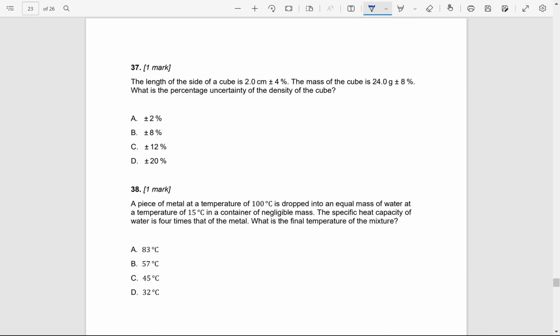Question 37, a Unit 1 question. Okay, percentage uncertainty of density. So percentage uncertainty is equal to, we've got a mass here, and we've got a length of a cube, so therefore we can work out the volume.